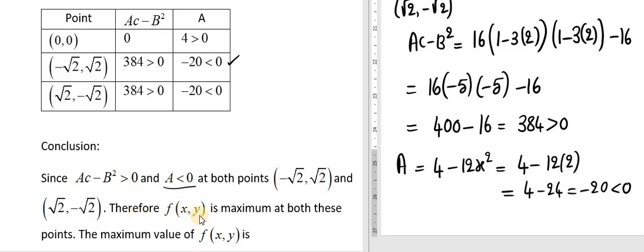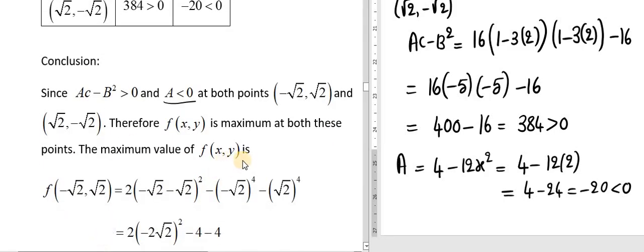Therefore, f of x comma y is maximum at both these points, and the maximum value of f of x comma y is, substitute either one of these points in the given f, that means 2 into minus root 2 whole square minus root 2 whole power 4 minus root 2 whole power 4. Replace x with minus root 2, y with root 2, or x with root 2, y with minus root 2.